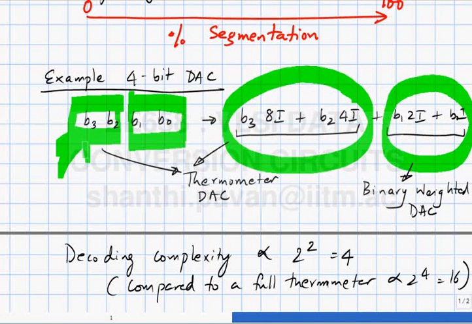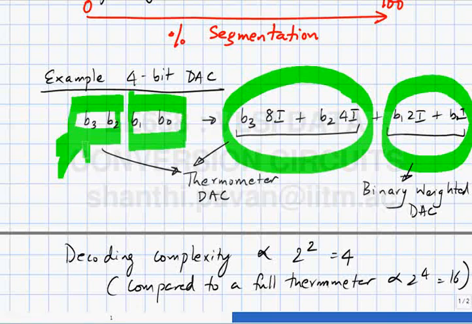Whenever you have a binary weighted design, there is this major code transition problem, right? So you want to make sure that the LSBs of the binary weighted portion are as small as possible. So it always makes sense to realize the MSBs as a thermometer and the LSBs as a binary weighted affair.